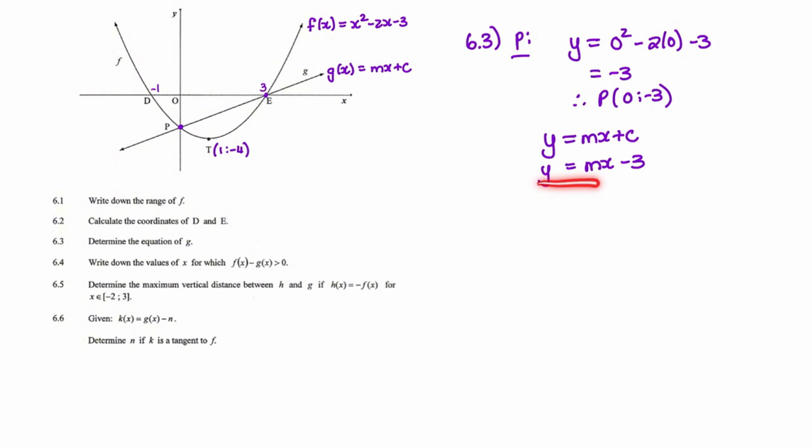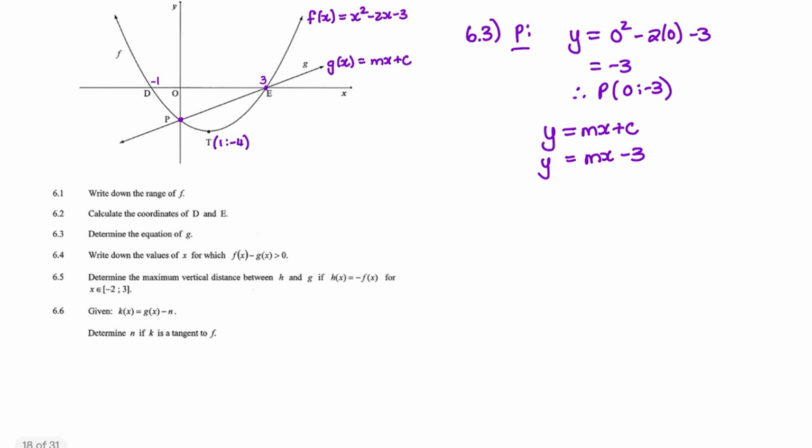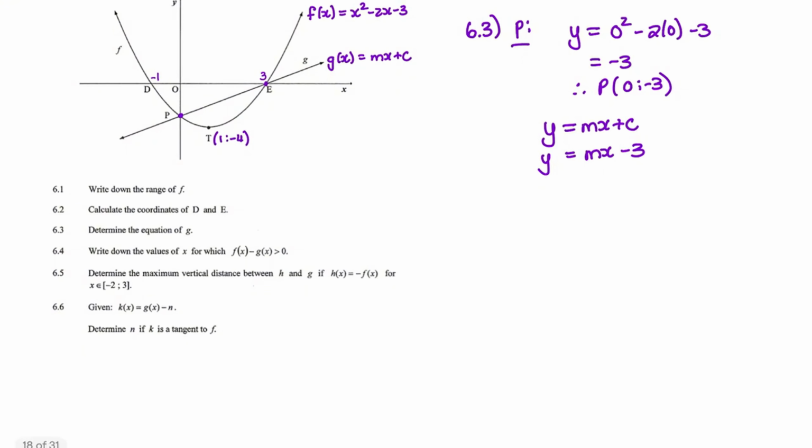Next, we want to find the gradient of this line. We can find the gradient by using our gradient formula and using the points E and P. Alternatively, we can substitute x and y with the coordinates of E. So at E, y is 0, x is 3, and we have the y-intercept.